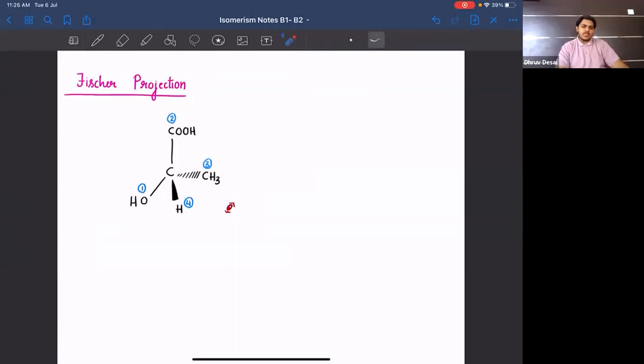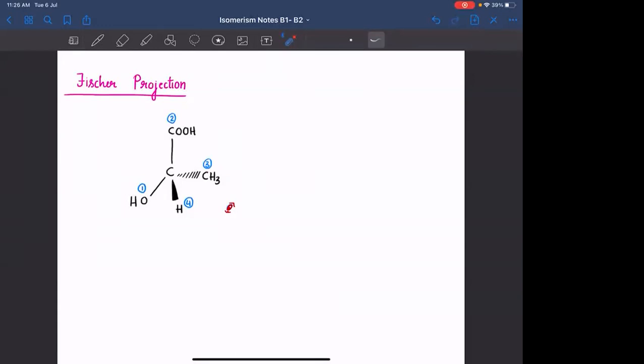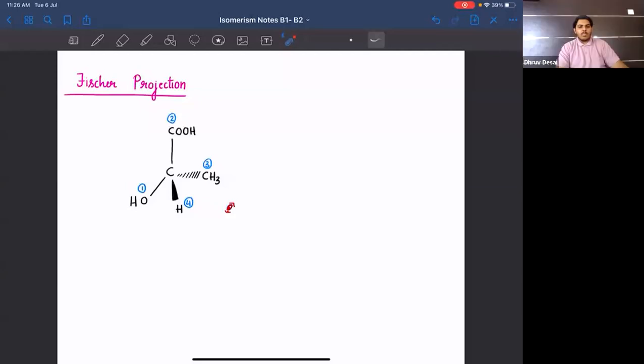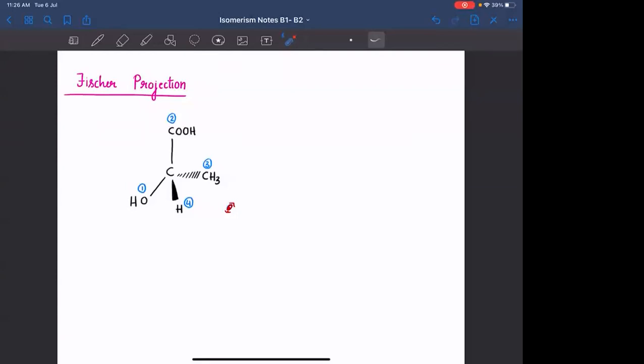Yes. These two bonds are going away from you. These two bonds are coming towards you. Agreed? Do you see the same in the image too? Okay. So if you are projecting this on this wall, you can see that as a plus sign, right? Yes, you can see that as a plus sign. Agreed?